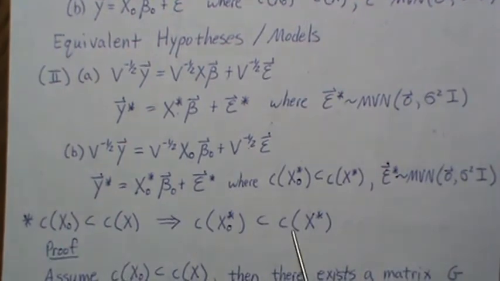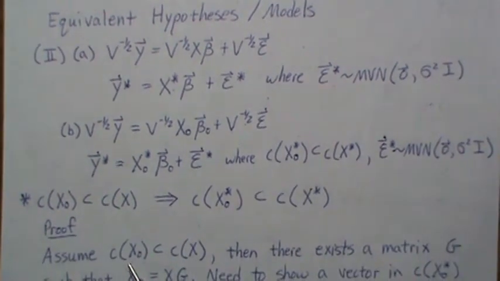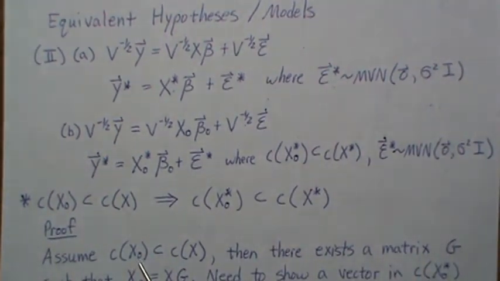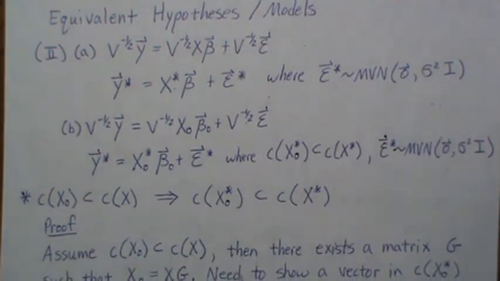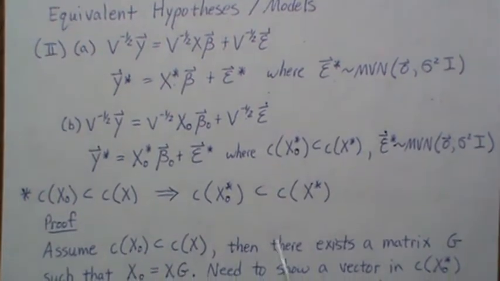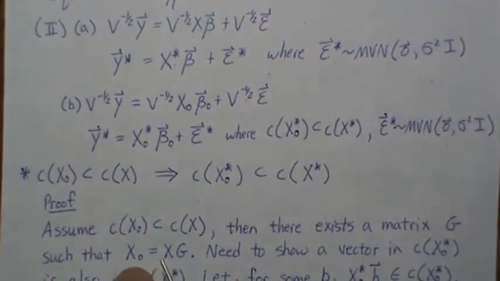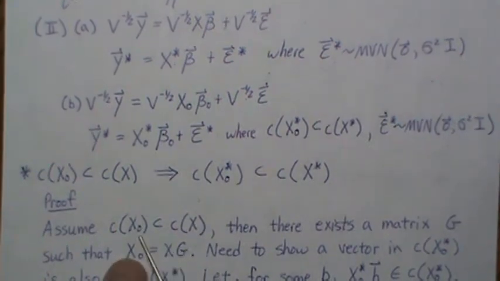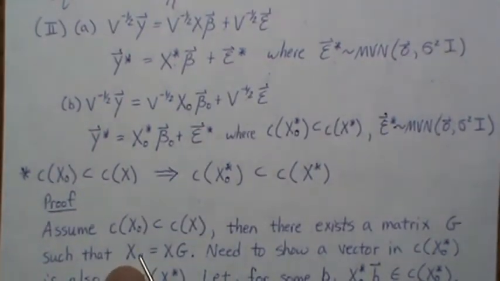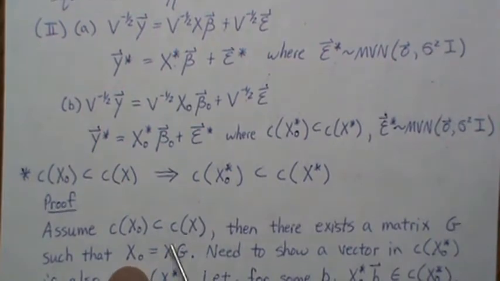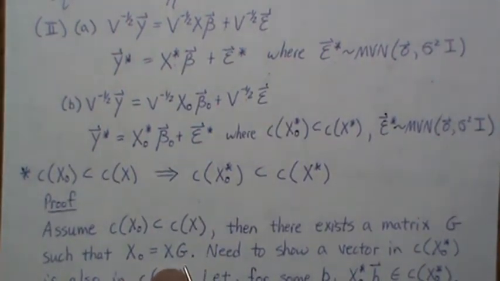So let's prove this case. Let's assume that the column space of X₀ is in the column space of X. Then remember, if that's true, there exists a matrix G such that X₀ = XG. So this is a matrix, and it can be represented as a column in the column space of X, and you do that like this.